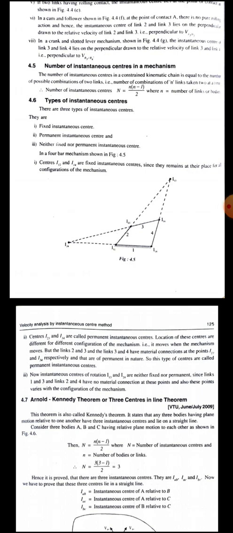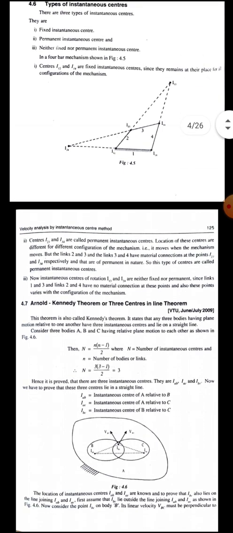The centers I23 and I34 are called permanent instantaneous centers. The location of these centers is different for different configurations of the mechanism. That is, it moves when the mechanism moves.